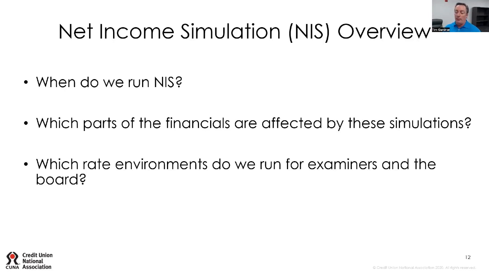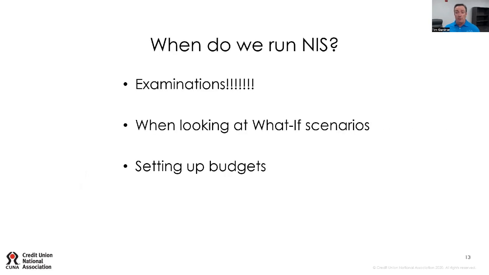When we think about net income simulations, when do a lot of credit unions run them? They run them when the examiners come in. Okay, and there's nothing wrong with that. But I would encourage you as you move up the organizational chart of your credit union, if we're going to do anything for the examiners, let's make sure that we're doing it on a regular basis ourselves, so that we can begin to understand what the numbers are telling us, and then just like we did in the ratios project, dive into the why.